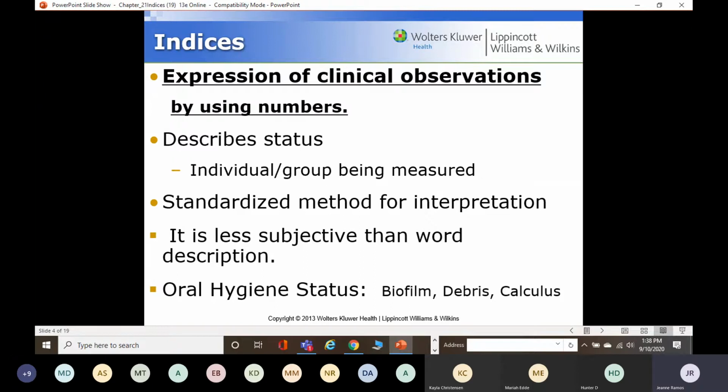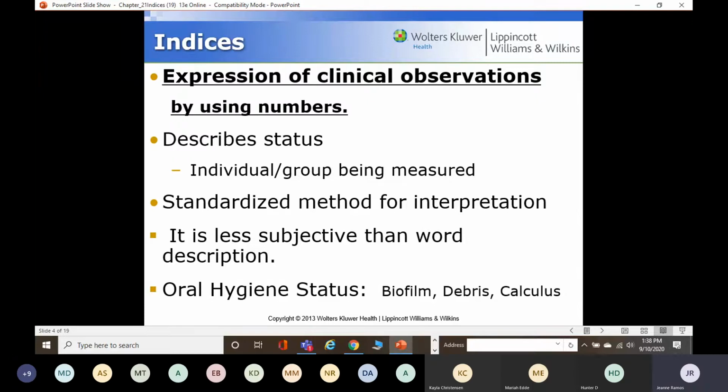They have many different indices that are calculated in many different ways, and sometimes it is for an individual or it could be a group being measured. So for all of the different indices they have to have like a control group or a standardized method for a way of interpreting that. So it's less subjective than a word description.